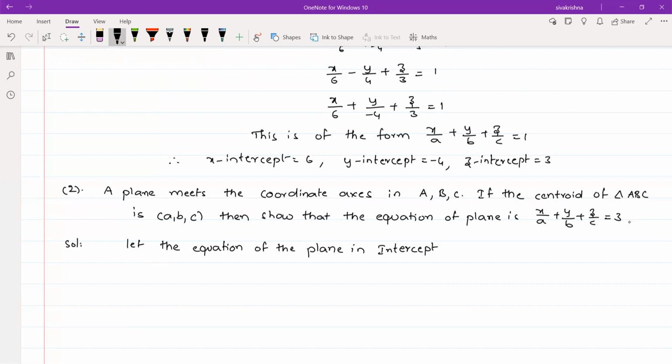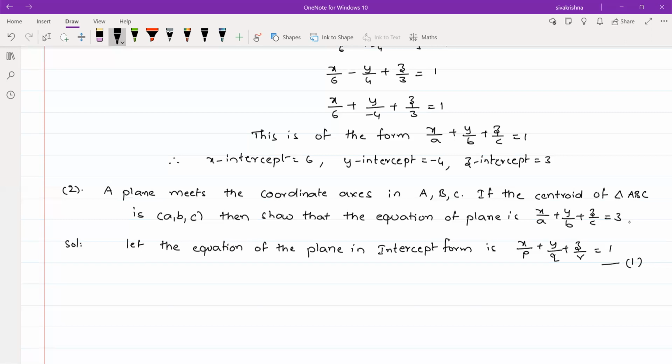So for that I am supposing that the equation of the plane in intercept form is x by p plus y by q plus z by r is equal to 1. Instead of a, b, c, I am writing p, q, r. Okay, we can write any letters. Treat this as equation number 1. After some steps, this equation can be converted to x by a plus y by b plus z by c is equal to 3.